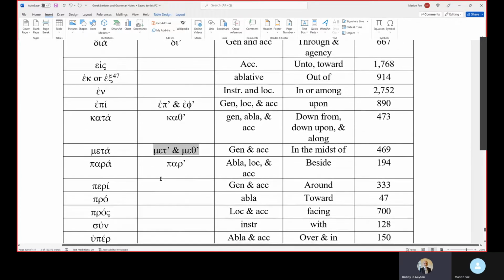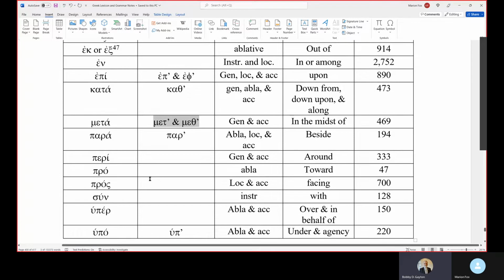So does that mean it'd be met? Yeah, this is genitive or accusative. It takes either genitive or accusative cases. Would met be the accusative? I mean, genitive, and meth would be the accusative. Those would just go with whatever the vowels or diphthongs were in the word following it. And there'd be certain rules for that. Okay. All right.